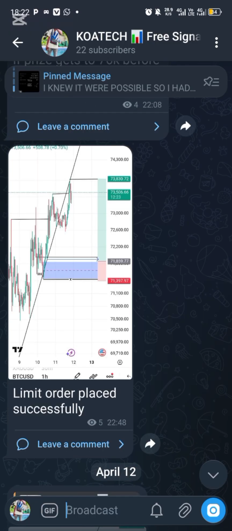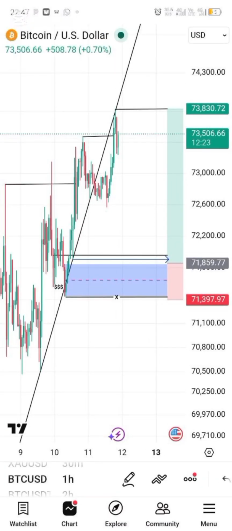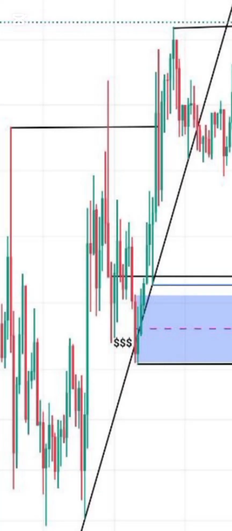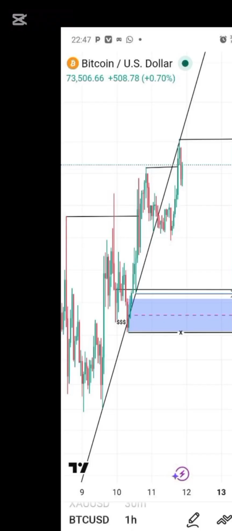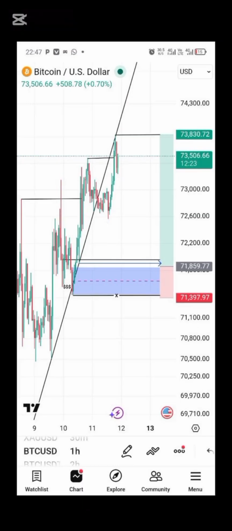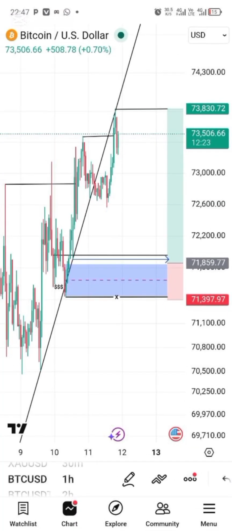I saw this OB and I said that is my OB, but there's something wrong with this very OB. Now after this break of structure, this is a 1 hour chart. Look at this break of structure here. Look, the OB I took this price from was actually inducement.